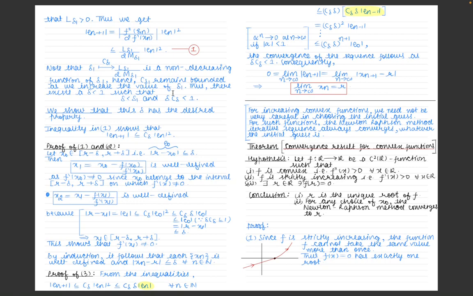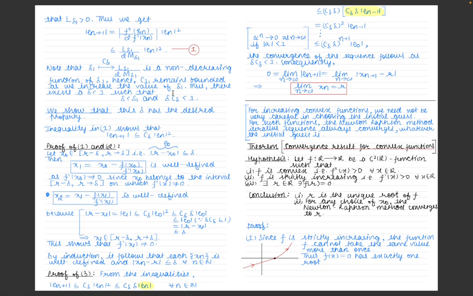Now E naught is a fixed number, and so from these inequalities the convergence of the sequence follows, as delta times C delta is less than 1, right?